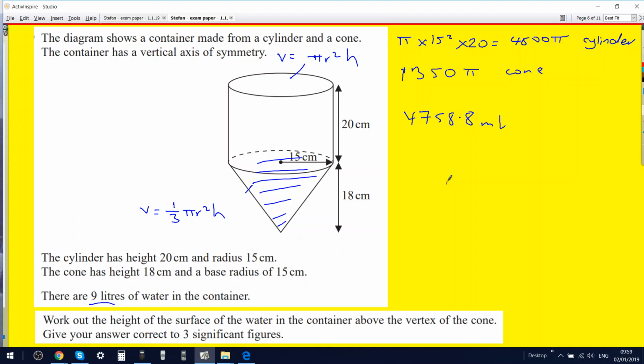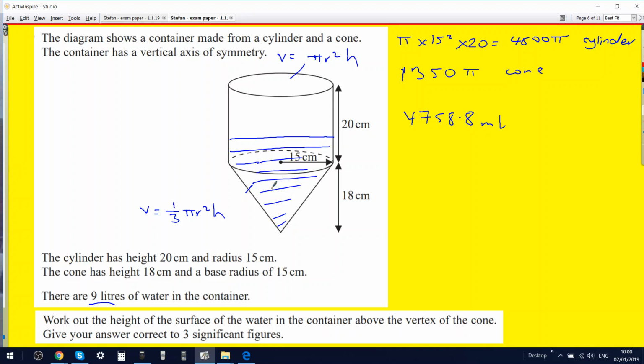Okay, so we're trying to find out the height the water goes to in the other one. So it fills the cone, and we're trying to find the height that it goes to in the other one. Any idea about that? So what the difference of 9,000 and 475? Okay. Well, I just did the difference between 9,000 and 1350 pi, because that basically fills up the cone.